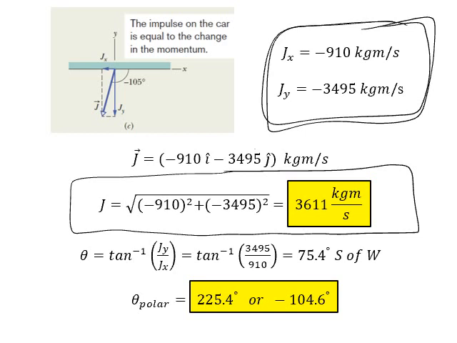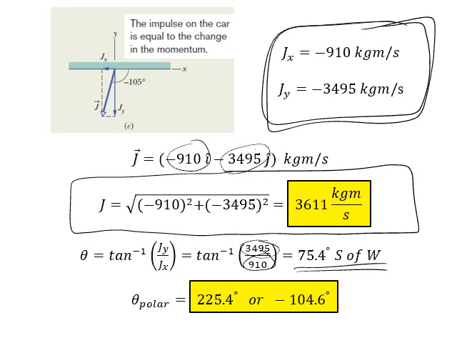The angle at which that momentum change occurs, we can get by taking the inverse tangent of the size of the y component over the size of the x component. Notice I'm not putting any signs in here. It's just 3,495 over 910. We take the inverse tangent of that, and that gives us our working angle.